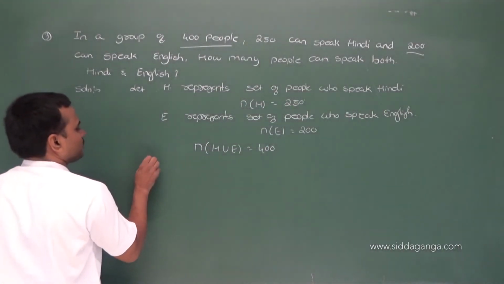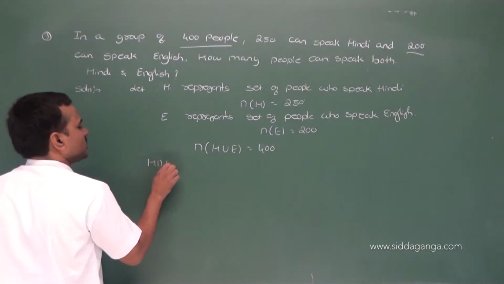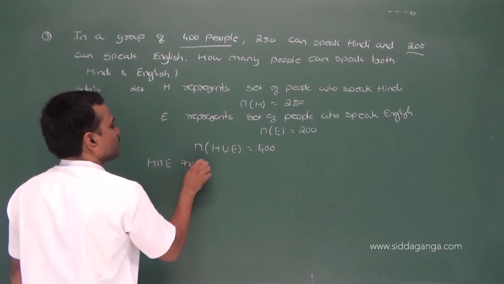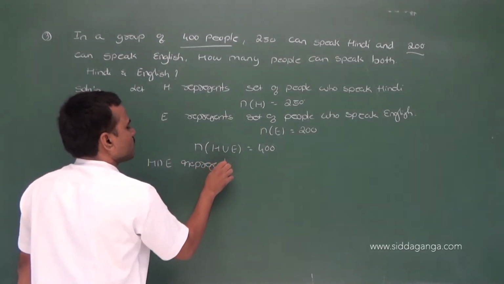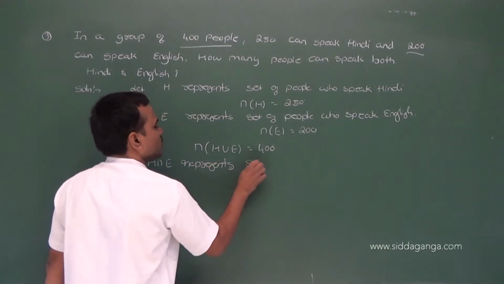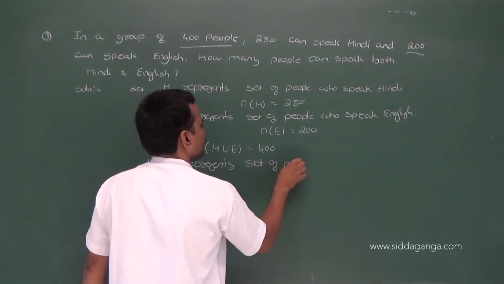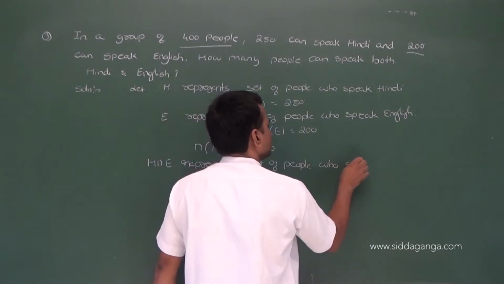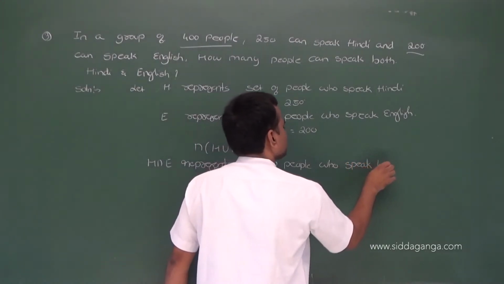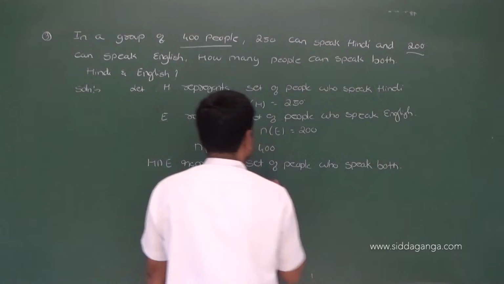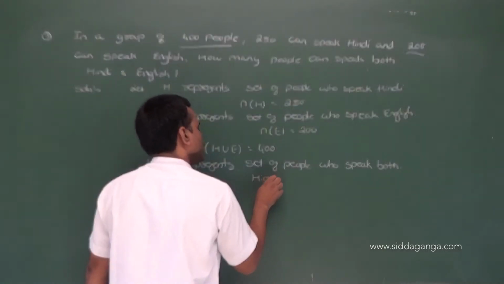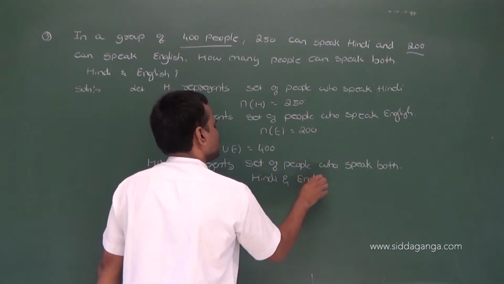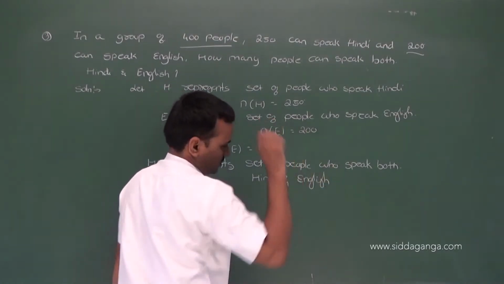So that means H intersection E represents the set of people who speak both Hindi and English.